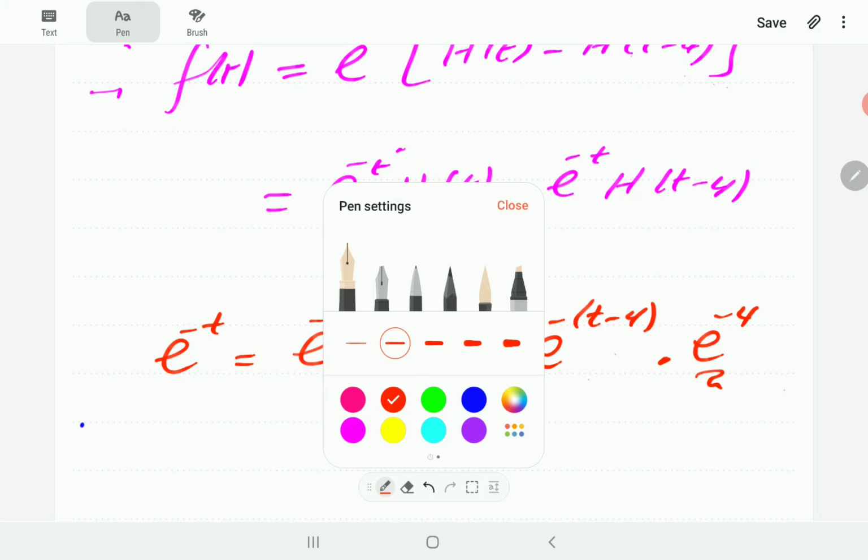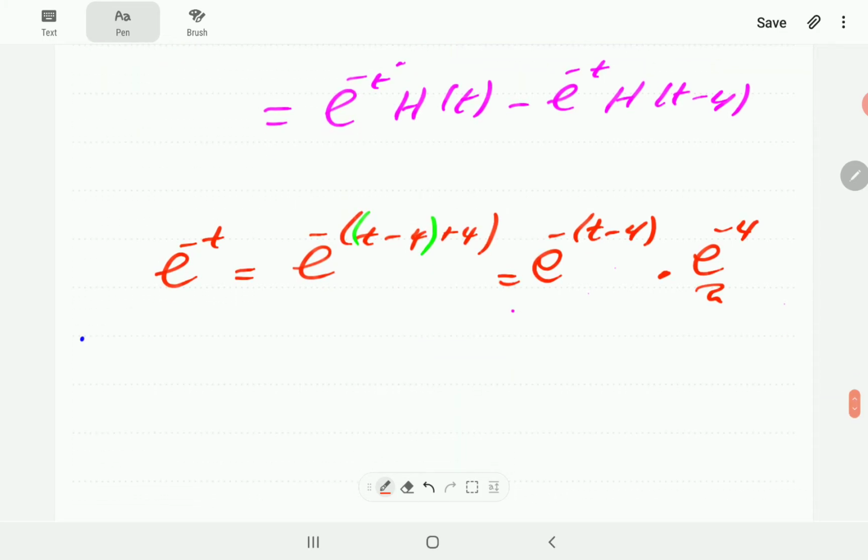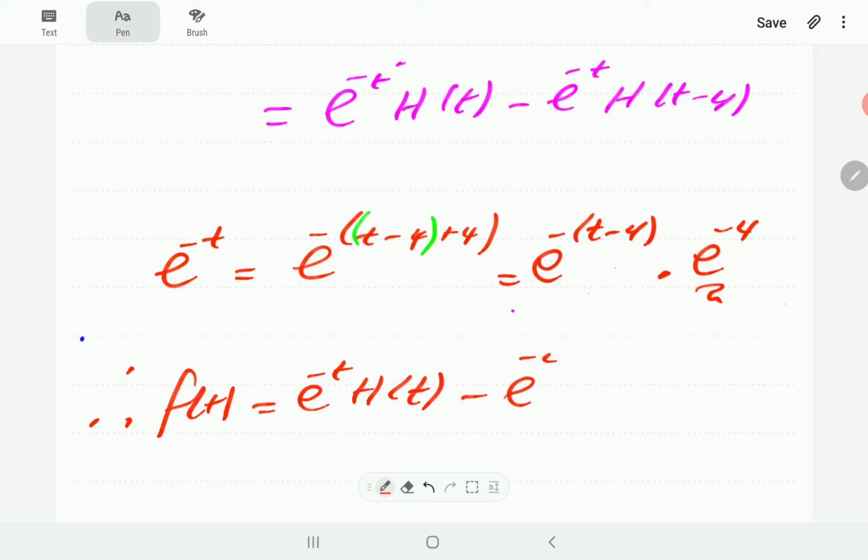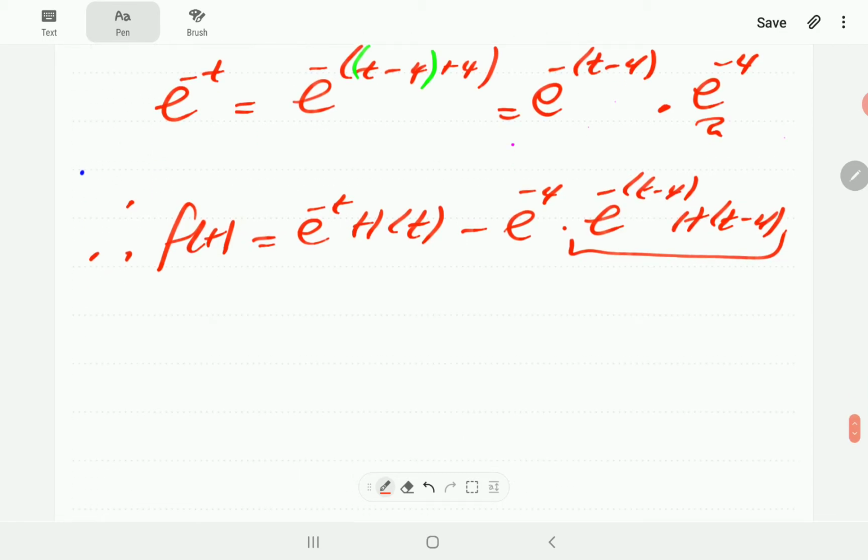So that means our function f of t we can write as e to the minus t h of t minus e to the negative 4 times e to the minus t minus 4 h of t minus 4. Now when it comes to taking the Laplace transform, that is going to be the term that is important.